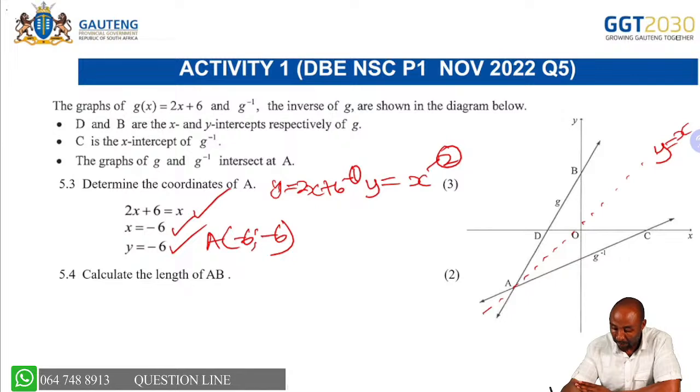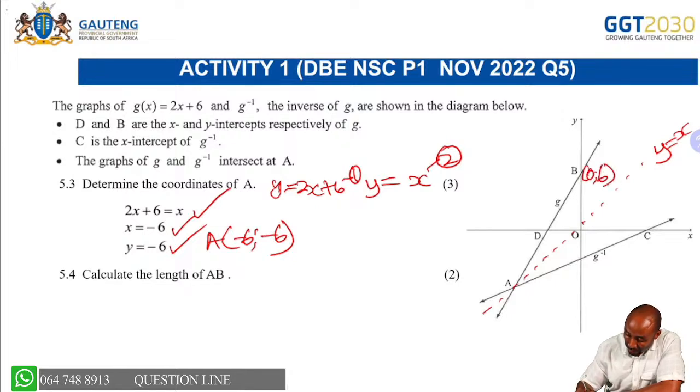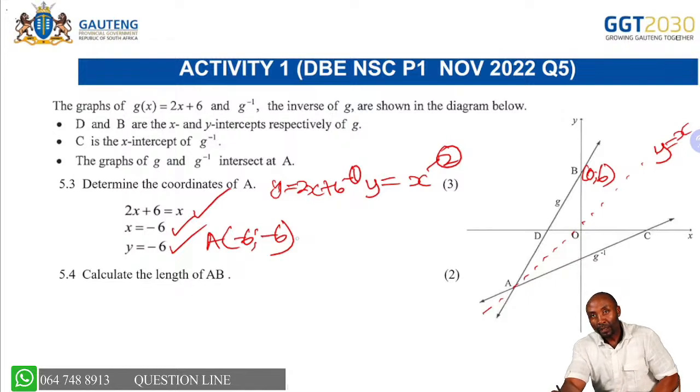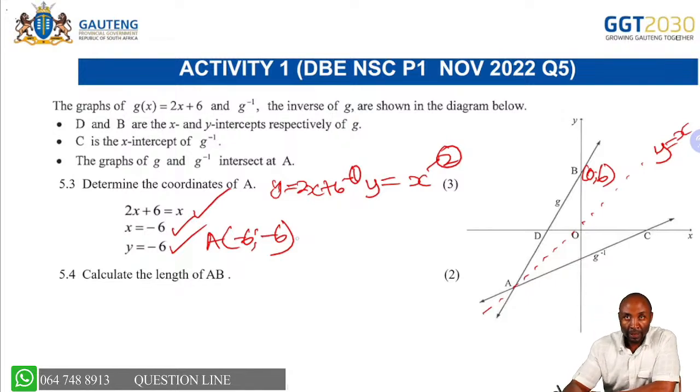The length of AB. If you check the coordinates of B, we said 0 and 6. The coordinates of A, we found them as negative 6 and negative 6. We are going to use the distance formula to find the length of AB. Remember, according to our CAPS document and examination guidelines, our topics are interlinked.